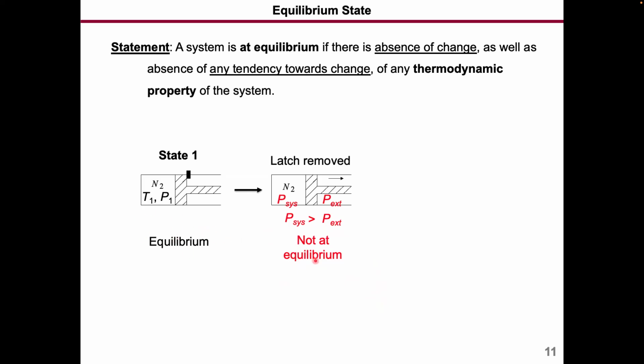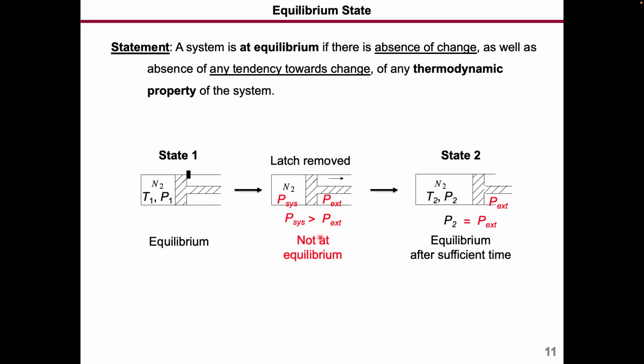State 1 is equilibrium, but during the moving of the piston it is not at equilibrium. It will reach another equilibrium state after sufficient time, when P2 drops to P external. So 1 atm here, 1 atm here, then it's equilibrium again. So this is state 1, which is equilibrium, and state 2 is basically a new equilibrium state.